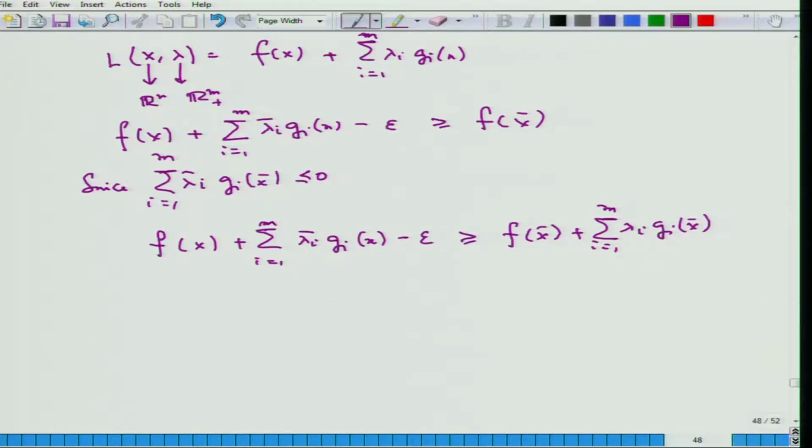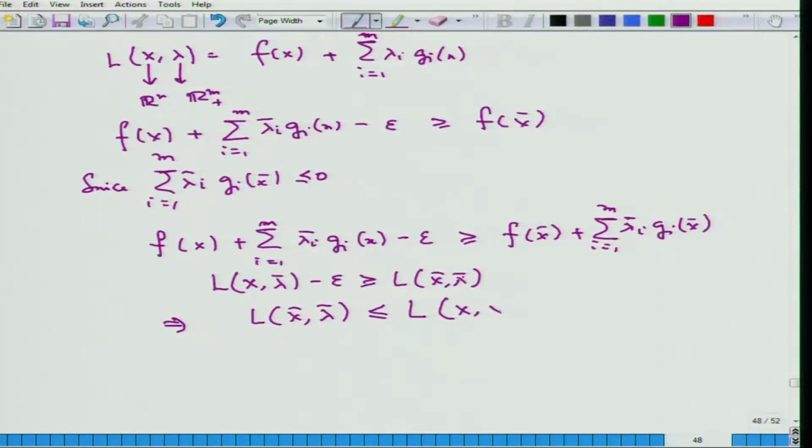Once you know this, you have got L x lambda bar minus epsilon is greater than equal to L x bar lambda bar. Or in other words, L x bar lambda bar is less than equal to L x lambda bar minus epsilon, and this is true for all x in Rn.